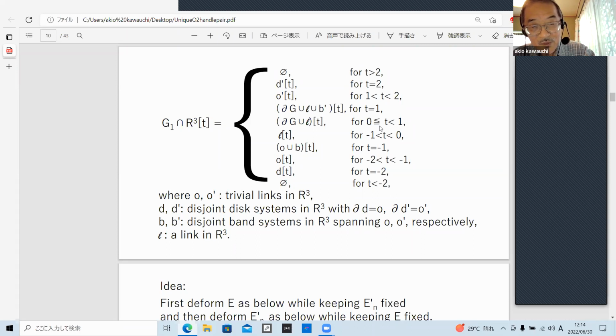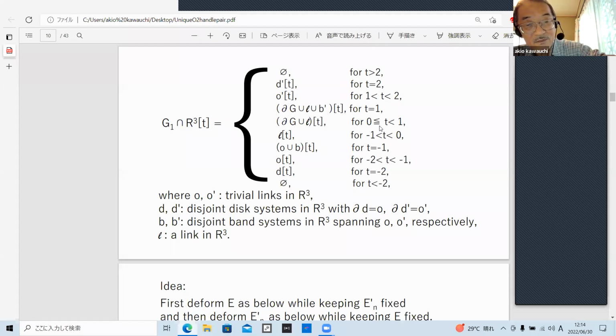Between -1 and 0 there is some link, with band surgery. At T equals 0, the boundary G appears there, and L is some extra loop link there.